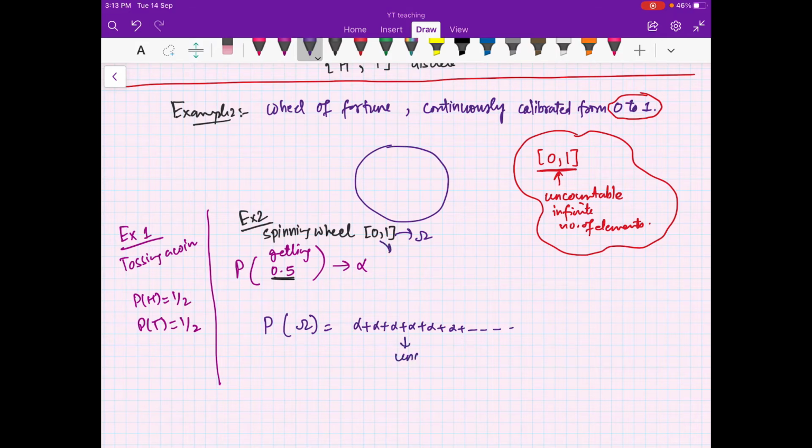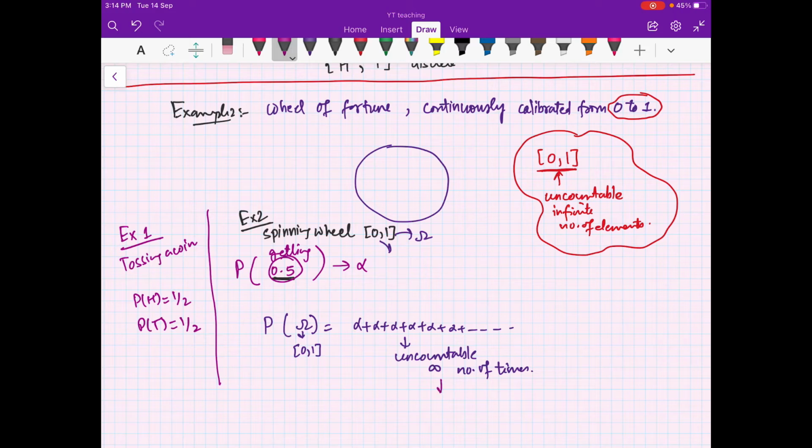So this is an uncountably infinite number of times, because omega is your 0 to 1, and you are saying that for a single number, for example 0.5 or 0.6 or 0.555, the probability of getting a single number is alpha. Then what is the probability of the whole sample space? That will be alpha plus alpha plus alpha, and you will keep on adding.